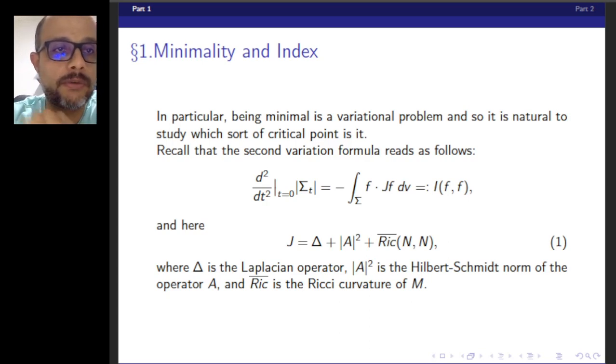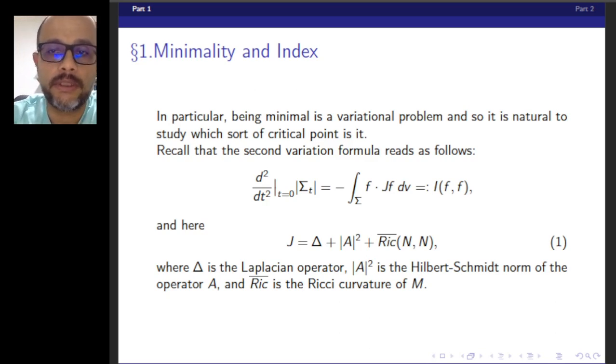and associated to this formula we have an elliptic operator J. J is the Laplacian plus two terms. These two terms are associated to the extrinsic part of sigma in M and the curvature of M along sigma.